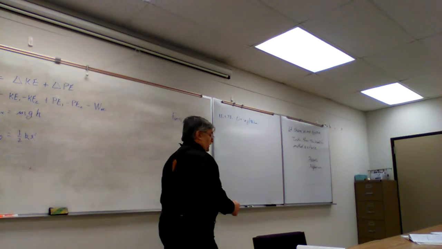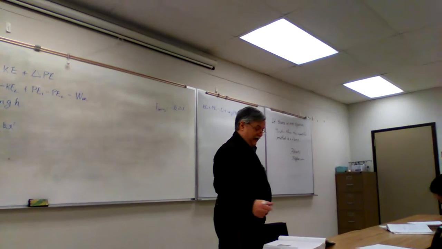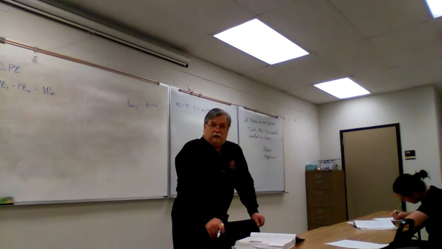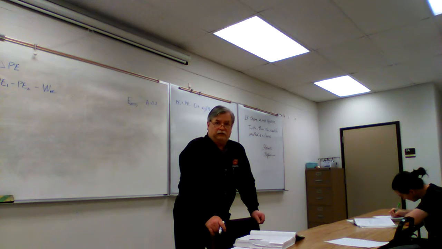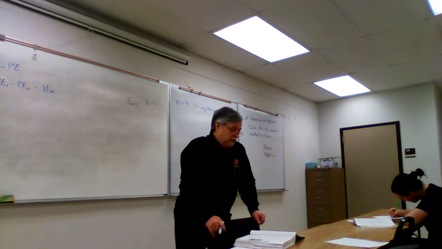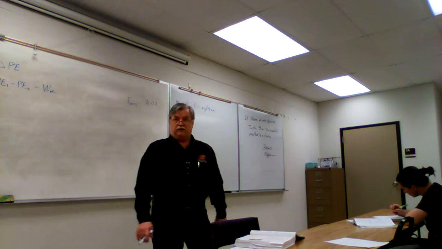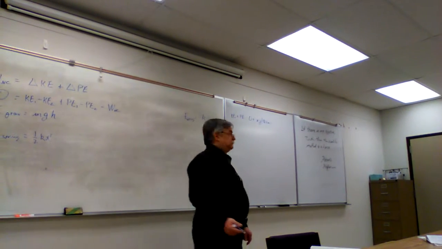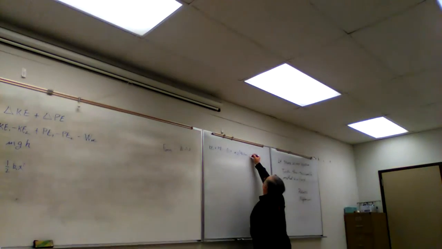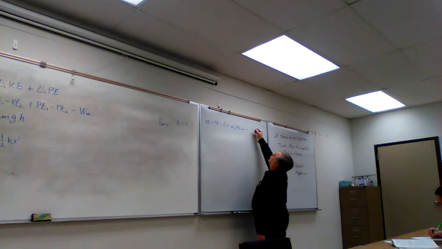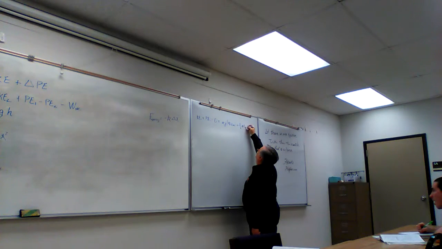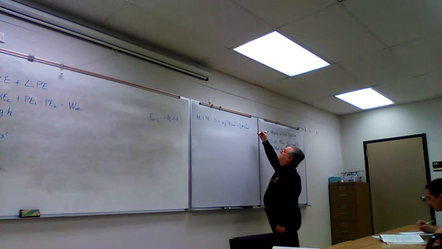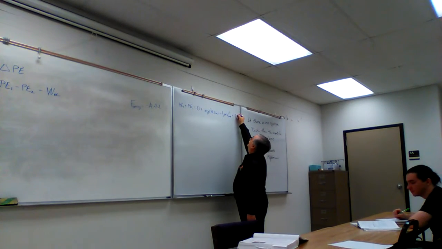Now, when it gets down to the very bottom of that valley, its potential energy is now 0, because that's what we've defined as 0 height. So the total energy at that point would be, this is at point 2, its kinetic energy is now 1/2 m v max squared, and its potential energy is 0.